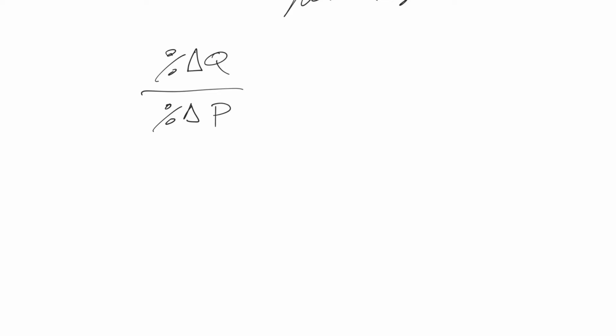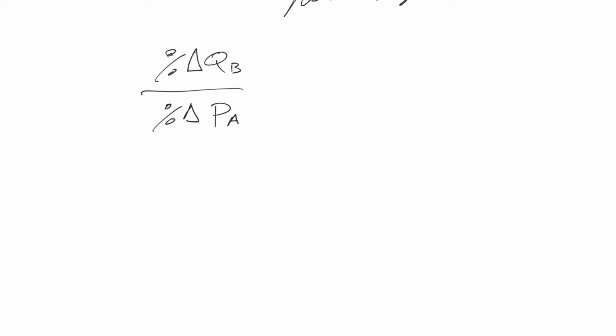But now we're going to do something a little different. We didn't write the notation here, but let's go ahead and do it. Let's say that the price of good A changes, and we're looking at how the quantity of good A changes. So it's the same good. We didn't bother to do that because it was the same good. But now things are a little different. With cross-price elasticity, they're not going to be the same good.